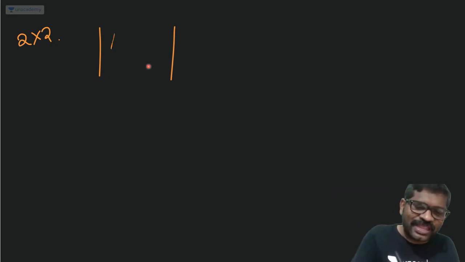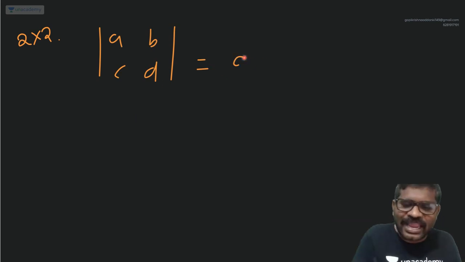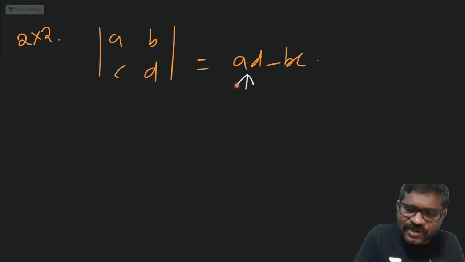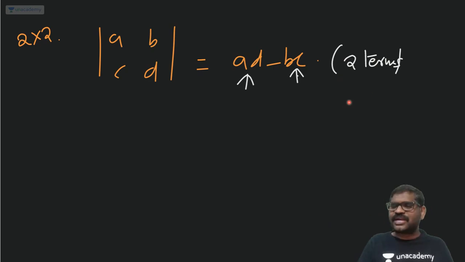That's why let us take a, b, c, d. What is the determinant? ad minus bc. ad is one term, bc is one term. How many terms? Two terms. Understood?